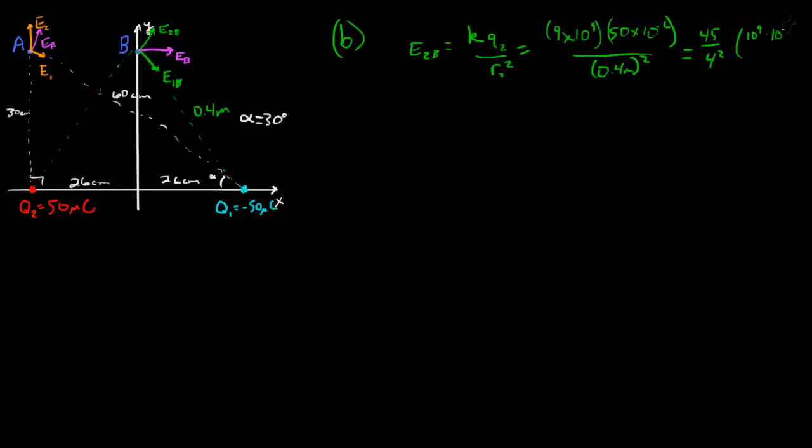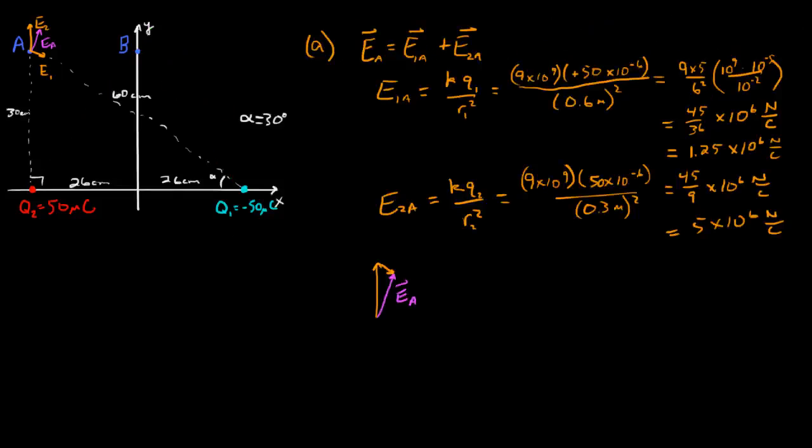If you've forgotten, let me just show you. So it was just times 10 to the minus 6. That's what all that stuff in parentheses was equal to. So times 10 to the positive 6. Okay, 10 to the 6th newtons per coulomb.